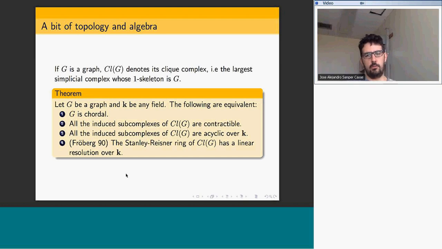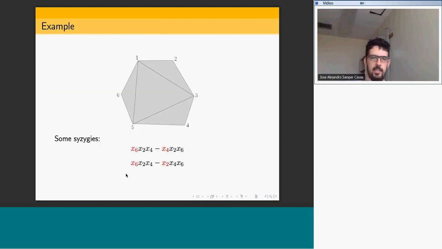To understand it, we can look at the complex. It's clear it's a ball, so it's clearly contractible. But if we look at any induced subcomplex, we're going to get something contractible, or analogously acyclic over any field. Those two things turn out to be equivalent.